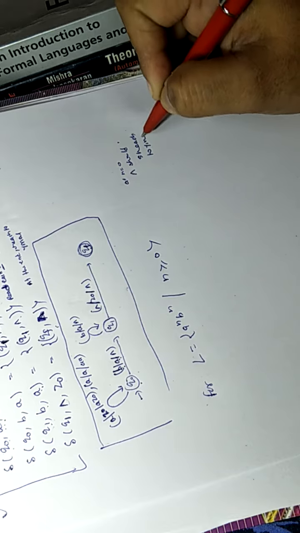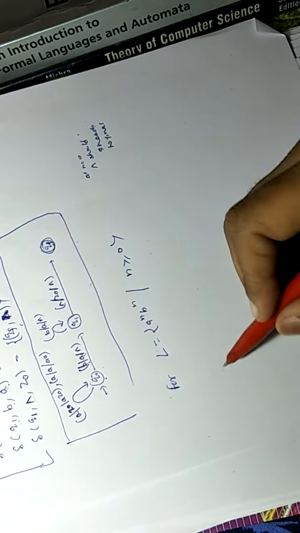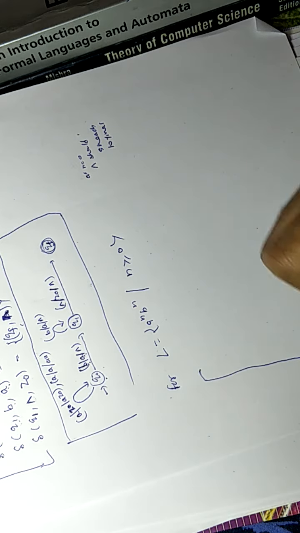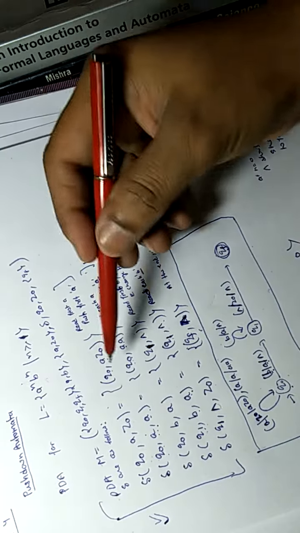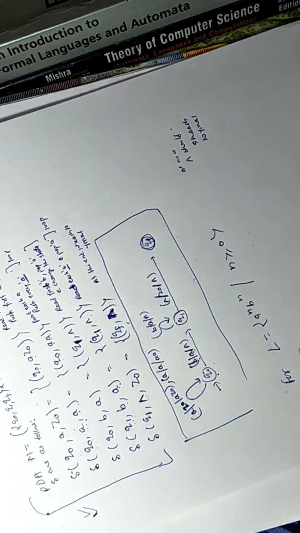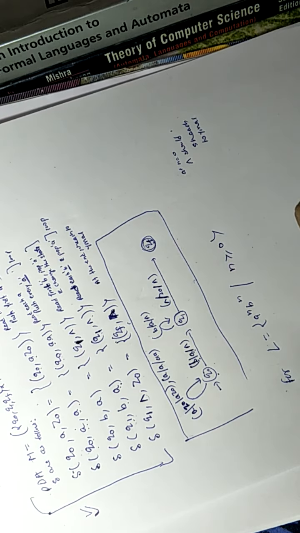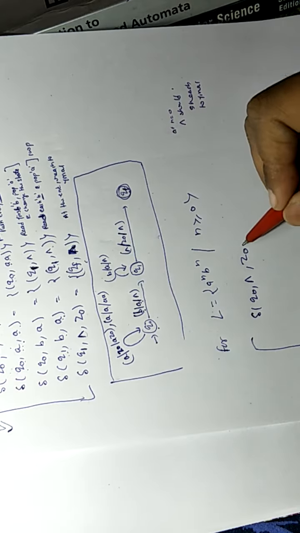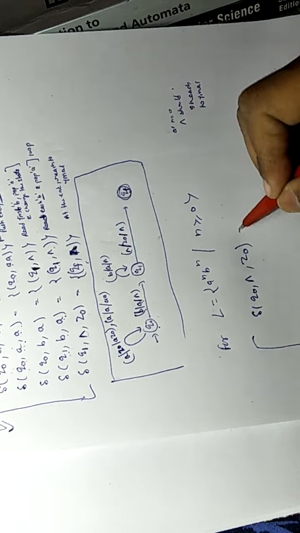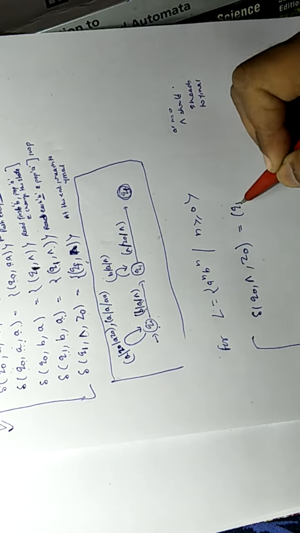the final state. So what we need to do, we will write everything from n greater than or equal to 1, we will write all these things, and we will add a new transition. If at q0 we get epsilon, then with z0 as the only stack symbol, it should reach qf.